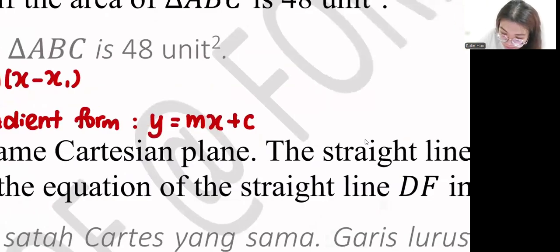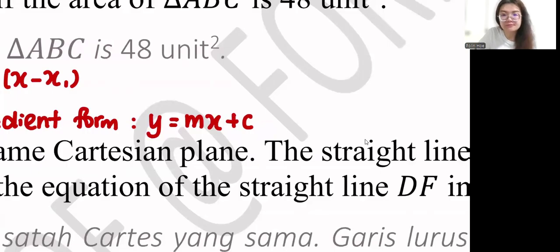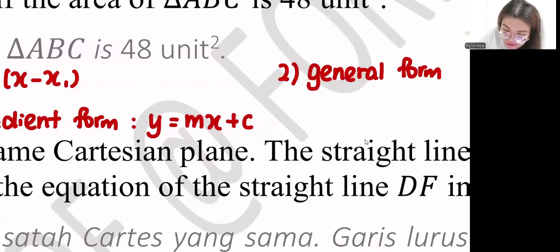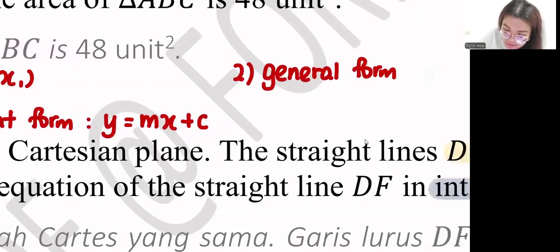Second type is known as general form. General form 是 ax plus by plus c equals to 0.